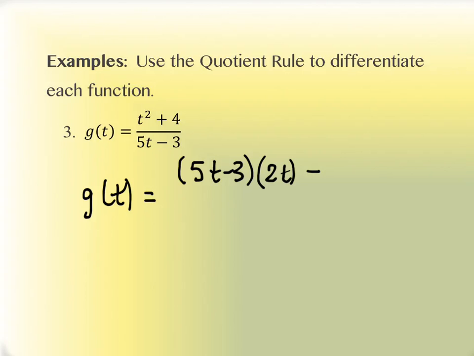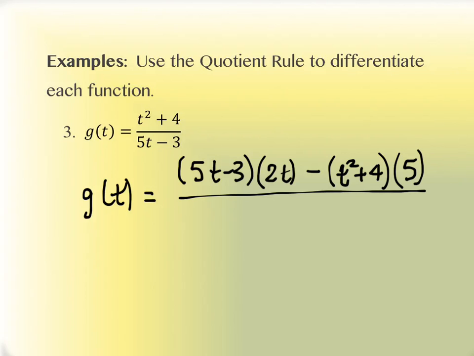Because it's a quotient rule, it's subtraction. So then I subtract the numerator, t squared plus 4, and I use the derivative of the denominator. What's the derivative of 5t minus 3? 5. And all of this is written over the denominator, quantity squared.